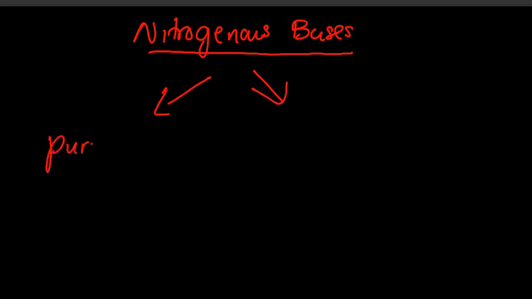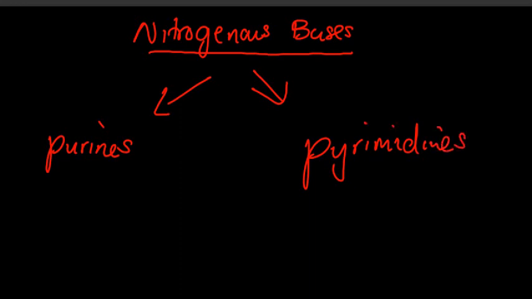We have what you call purines, and we have what you call pyrimidines. So these guys here. So we have this type, and in each category the difference between the 2 types of nitrogenous bases that we have is in the number of structures or the rings that we have.